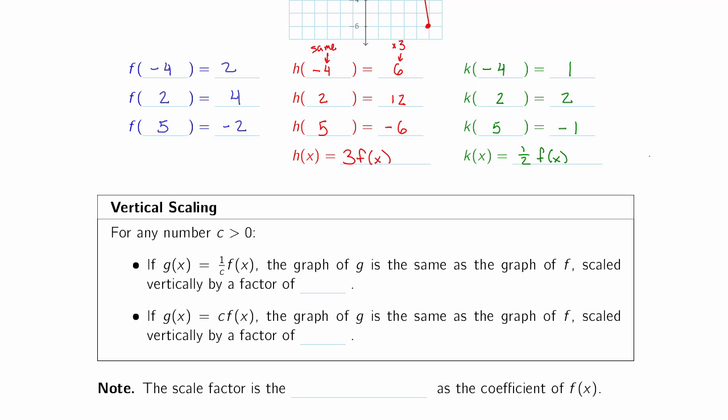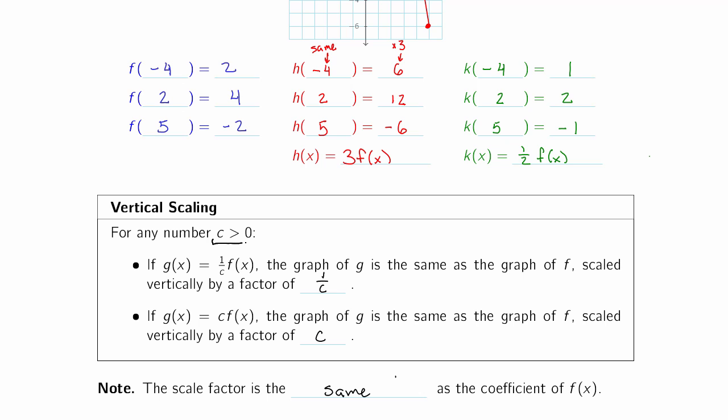If g is what we get by multiplying f by 1/c, then g is the result of scaling f vertically by 1/c. If g is what we get when we multiply f by just c itself, then g is what we get if we scale f vertically by a factor of c. The scale factor is the same as the number we're multiplying f by.